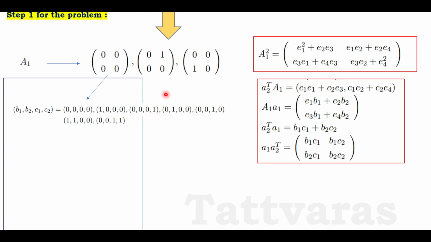Similarly for this, what are the possible choices? For this, we do get these 3 possible choices only. Why? Because if E2 is 1, then from these 2 conditions, we see that C1 E2 is 0. So if E2 is 1, C1 has to be 0, right? Similarly, here we see E2 B2 is 0. So if E2 is 1, then B2 also is 0.